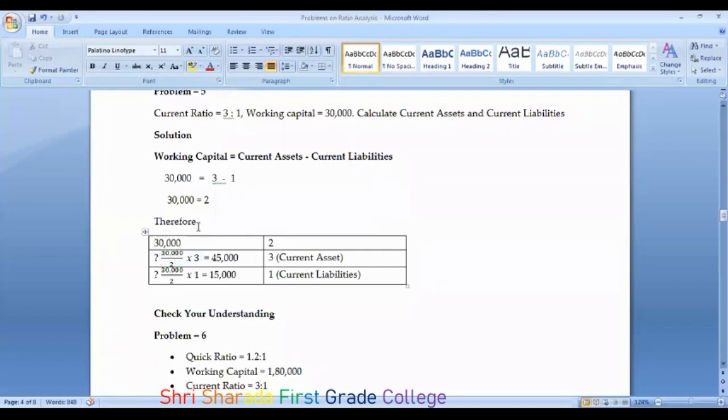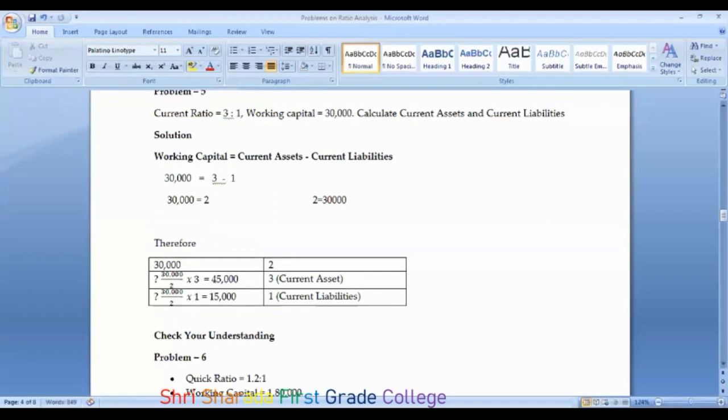So 30,000 for 2, then for 3 of current assets, how much value do we get? Cross multiply. So 30,000 into 3 divided by 2. Shall I repeat it? See, there is a value which you have got for the 2 worth of assets. You got 30,000.